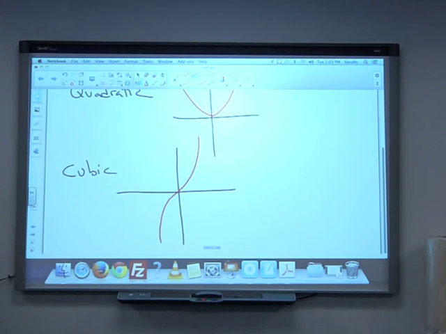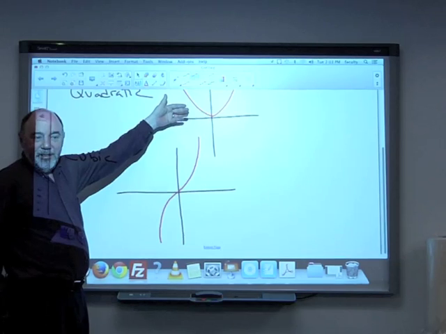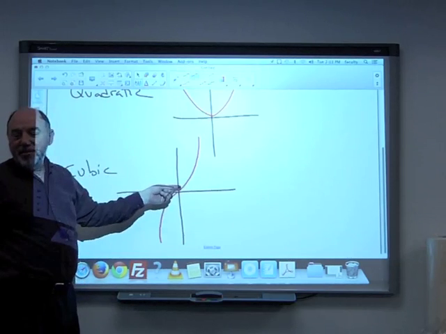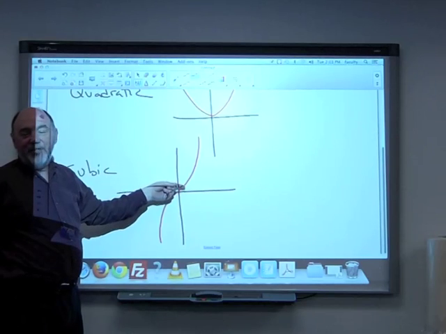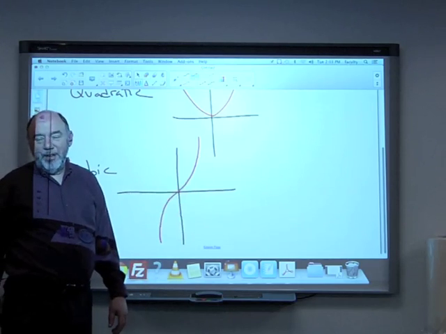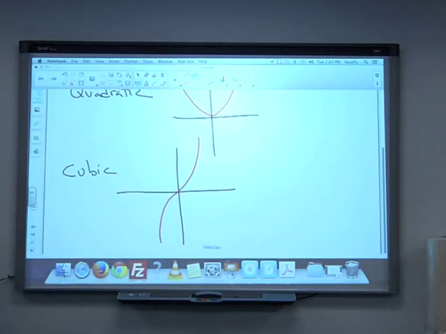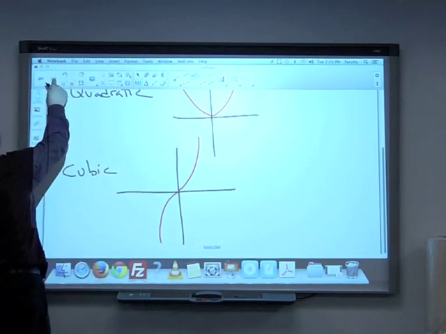So linear, quadratic, cubic. I get the U graph whether it's x squared, x to the fourth, x to the sixth. I'll get this shape for x cubed, x to the fifth, x to the seventh, and so on. The only difference would be how quickly they go up. But in terms of the basic shape of the graph, you get something that will look like that.